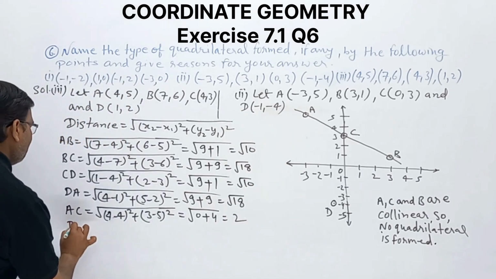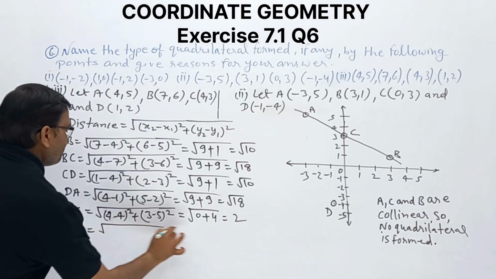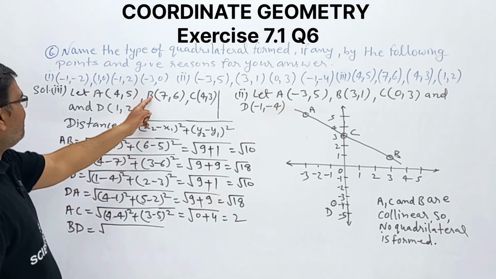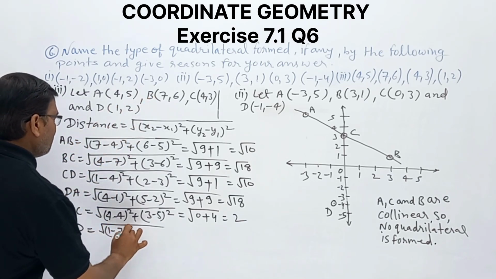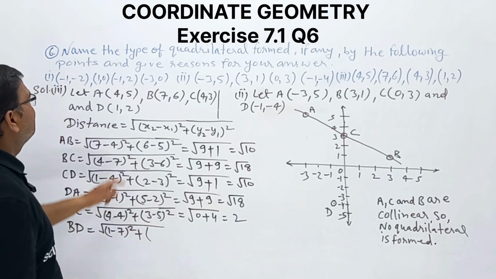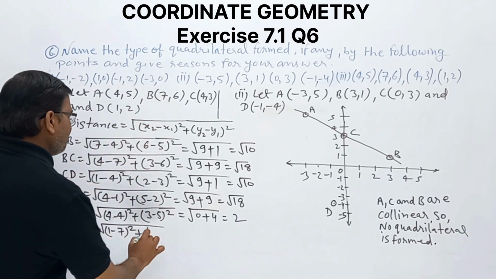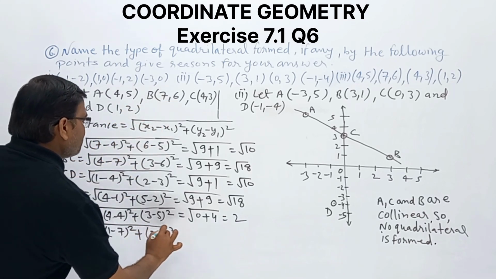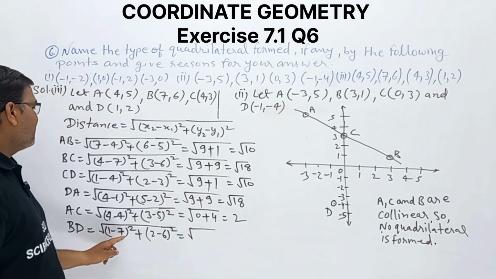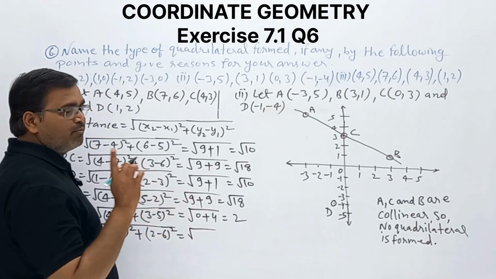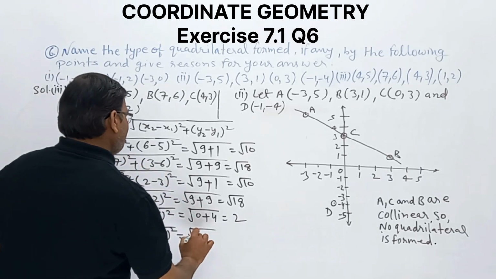Next one, BD. What about BD? Square root of (1 minus 7) whole square plus (2 minus 6) whole square. Observe, solve. 1 minus 7 will be minus 6 whole square.